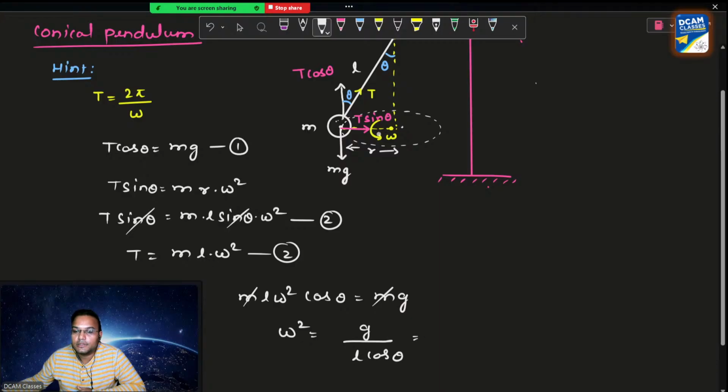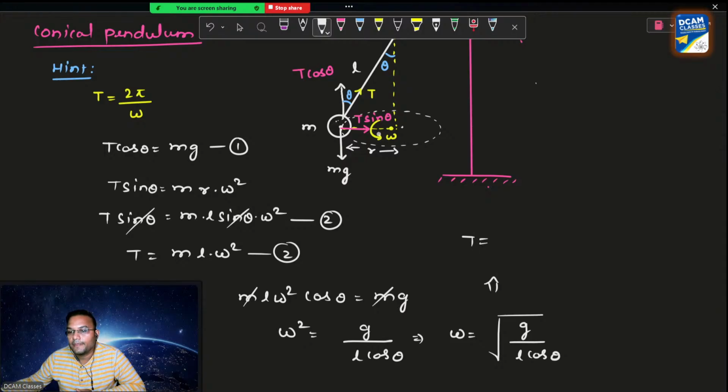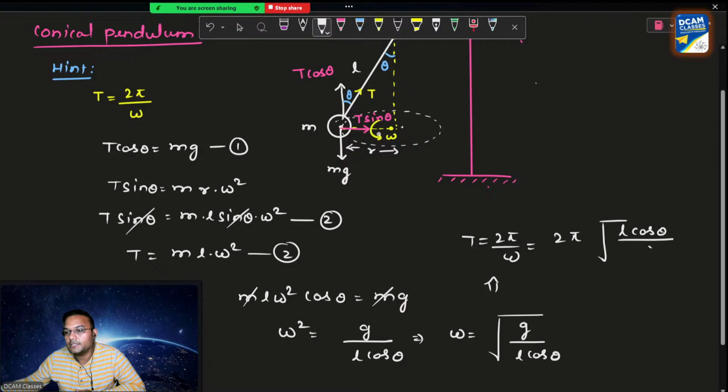That means omega is root over g by L cos theta. And so the time period T equals 2 pi by omega, which will be 2 pi root over L cos theta by g.